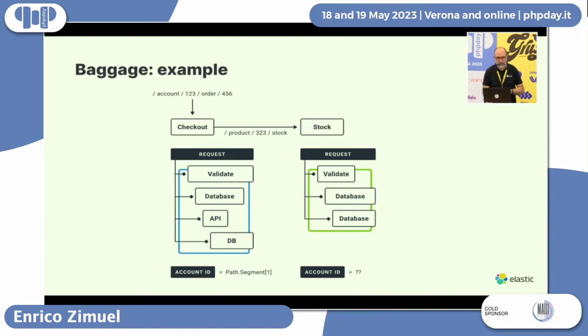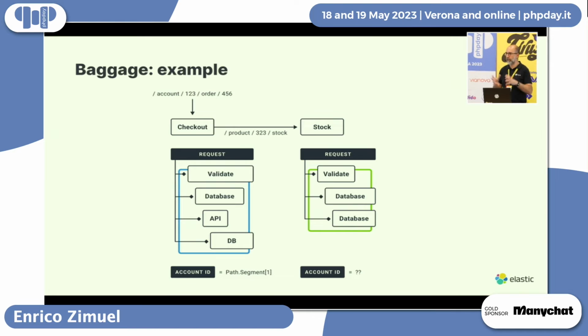Okay, so imagine that you want to propagate the account ID, so the 123 number here. I want to propagate this information to the stock service. I don't have this 123 anymore, right? Because the URL is completely different. I don't have this ID. So I need to find a way to propagate this information. And the baggage is the solution.